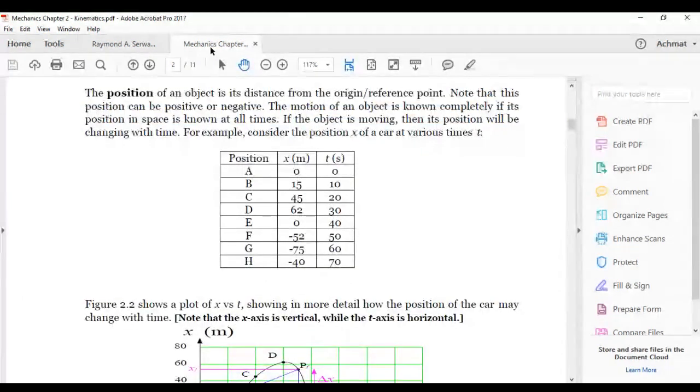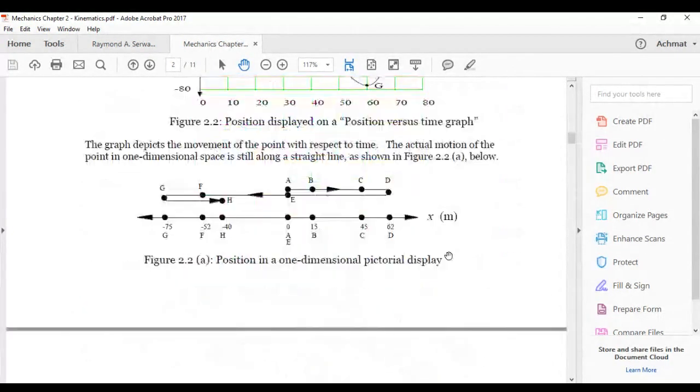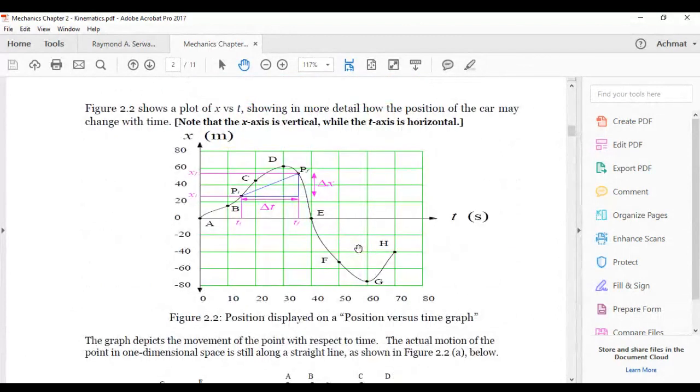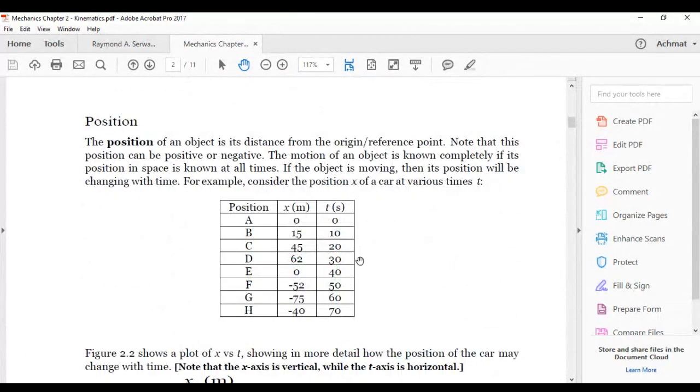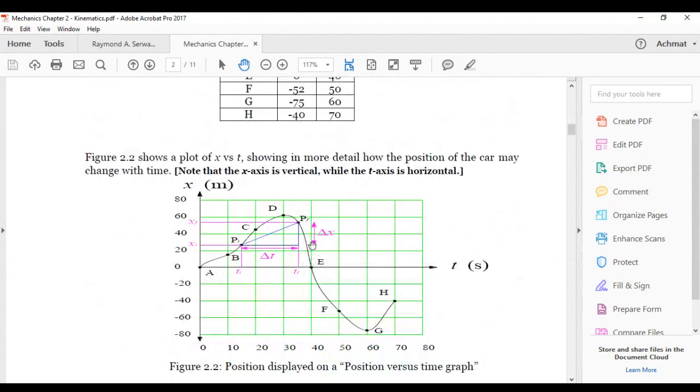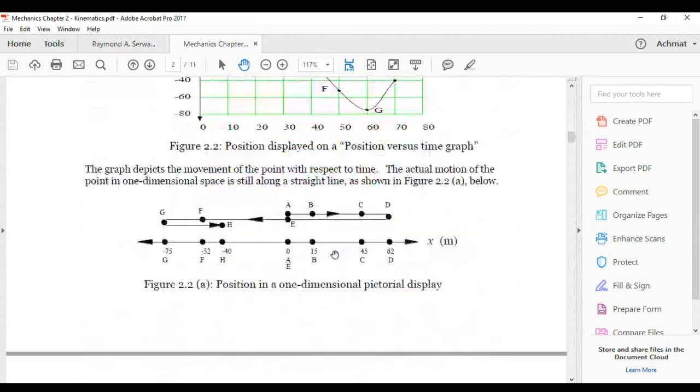What I want to do now is show you that I deliberately changed my notes so that I have a different table and a different graph from the one in the textbook.